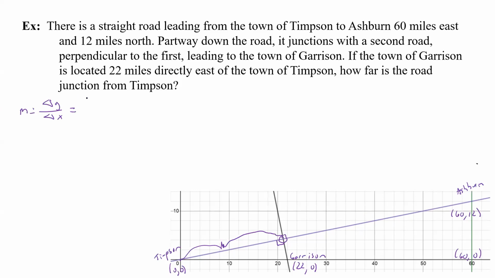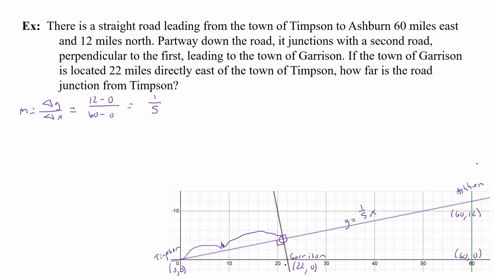If we take the y's, 12 minus 0 over 60 minus 0, that equals 12 over 60, which is 1 over 5. So this is basically the equation: y equals 1/5 x.